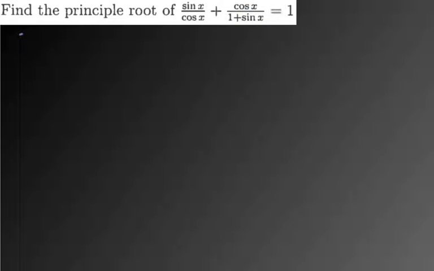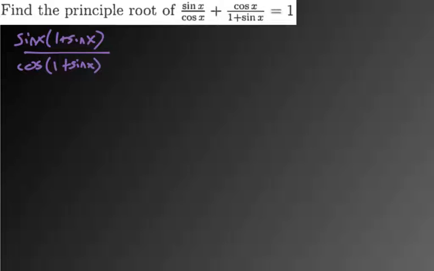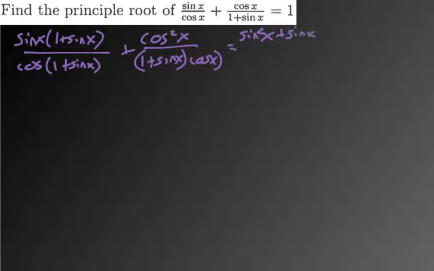So we're going to have sine x times 1 plus sine x, and then our common denominator, cos x times 1 plus sine x, and then we'll have cos squared x over 1 plus sine x times cos x. Multiplying the top a little bit, we can distribute, get sine squared x plus sine x.